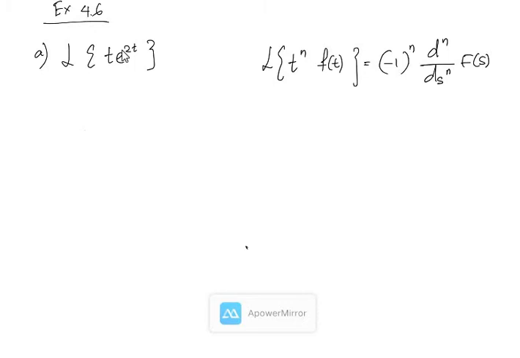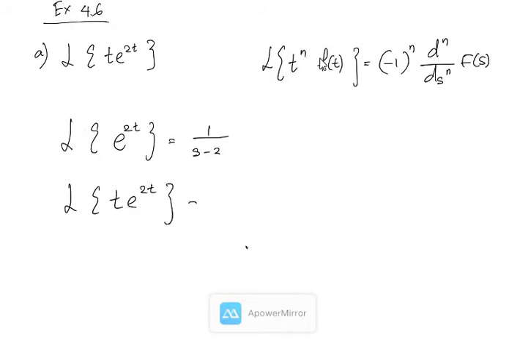So therefore, the Laplace transform of e^t, you will get 1 over s minus 2. This is the shifting property. So you will have 1 over s minus 2. Therefore, the Laplace transform of t e^t, I will write it as negative 1 to the power of 1.